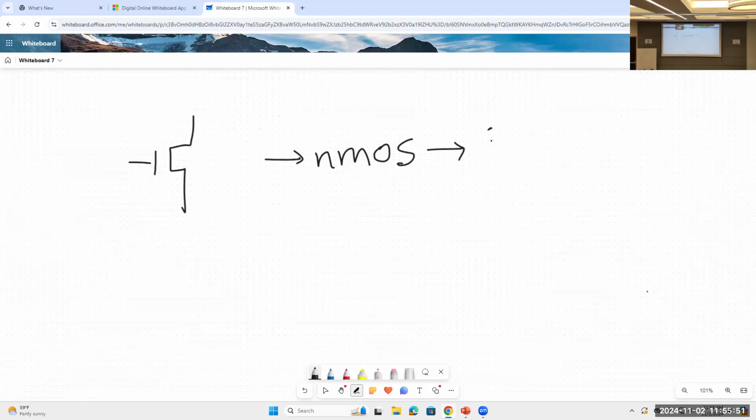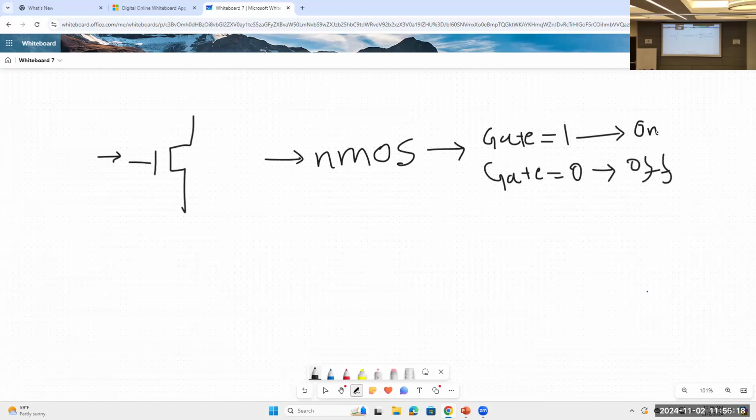If gate equals 1, what I have told you as a switch, the gate equal to 1 means connected. Let's write it in short form: on. So on means connected. If we insert gate equal to 0, then the device will be off, I mean disconnected. By on I mean connected, and by off I mean disconnected simply.